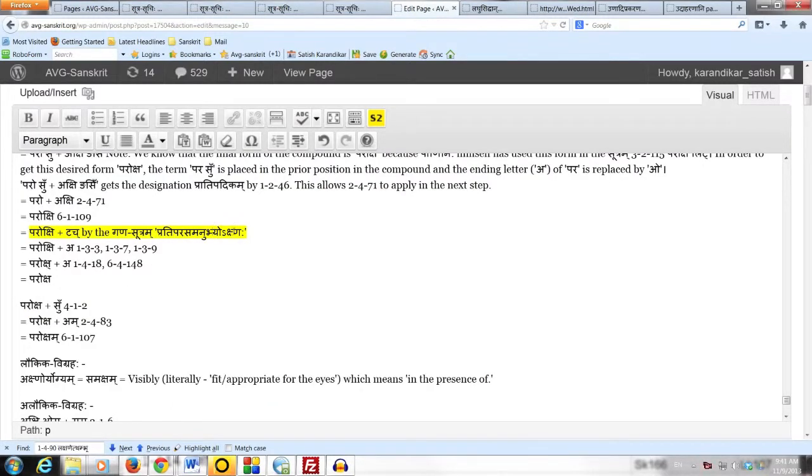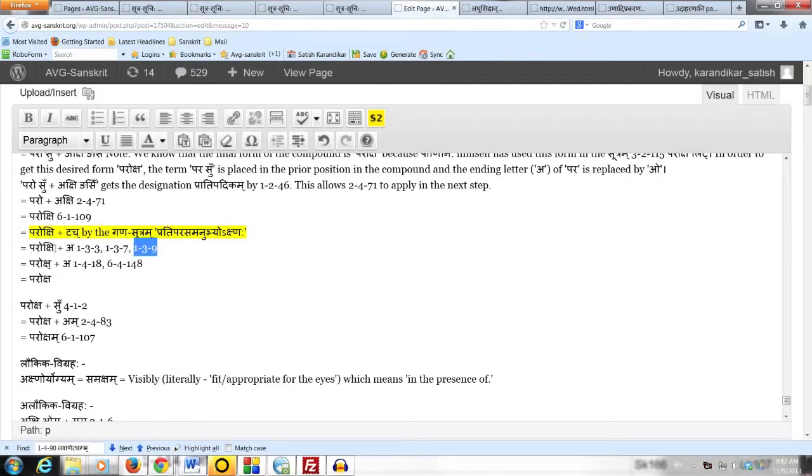Now we apply this Gana Sutram prati para samanubhyokshnaha. We do have an avyayi bhavaha compound ending in akshi preceded by para, so therefore we bring in the affix touch, and this affix touch becomes the ending member of the compound. Remove the letters. Letter ch gets the sanya by halantyam 1-3-3. Letter t gets the sanya by 1-3-7 chu 2. Then tasya lopaha 1-3-9 gives parokshi plus a.